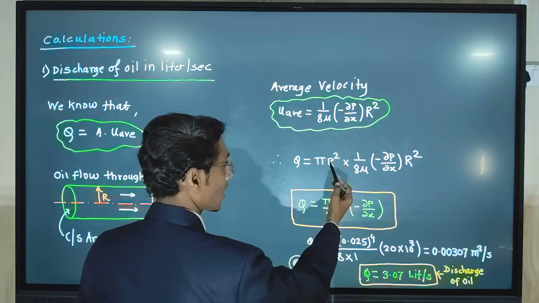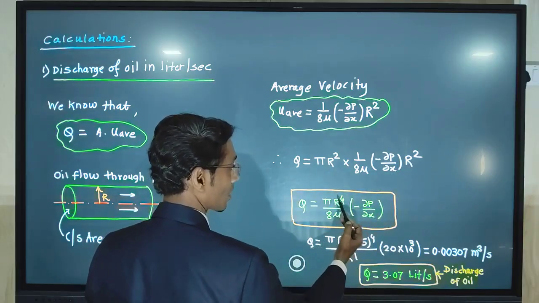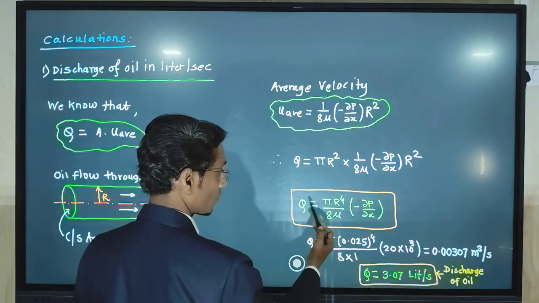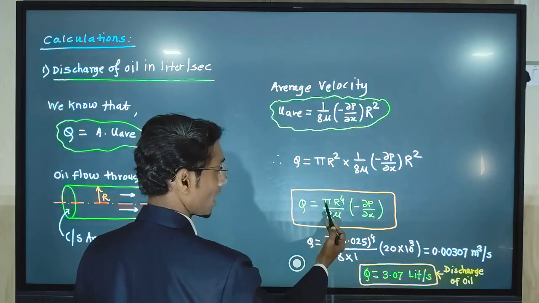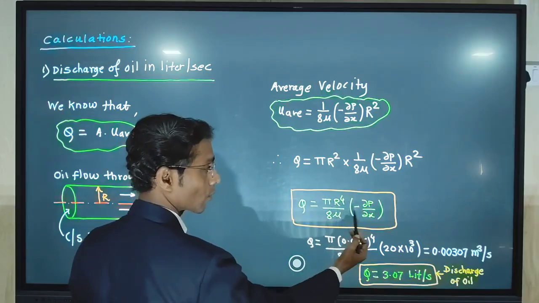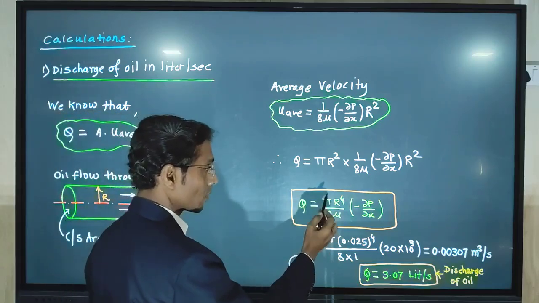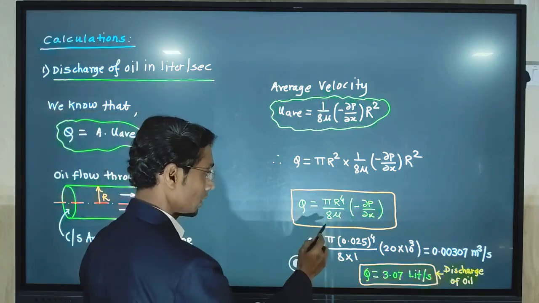Here this R square multiplication, we get R raised to 4. So we find the formula Q is equal to pi R raised to 4 divided by 8 mu into pressure gradient. In this formula we put the values which are given in the statement.